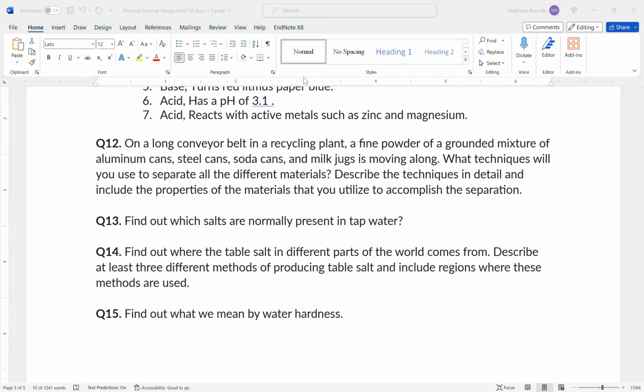So find out which salts are normally present in tap water. Tap water. Salts are everywhere at this point. Oh my God.